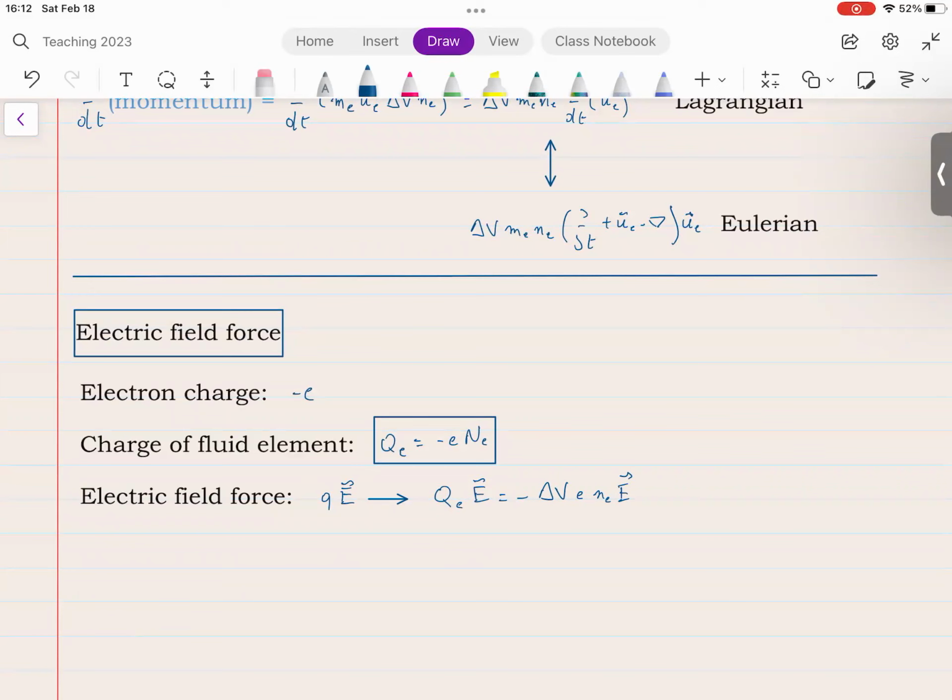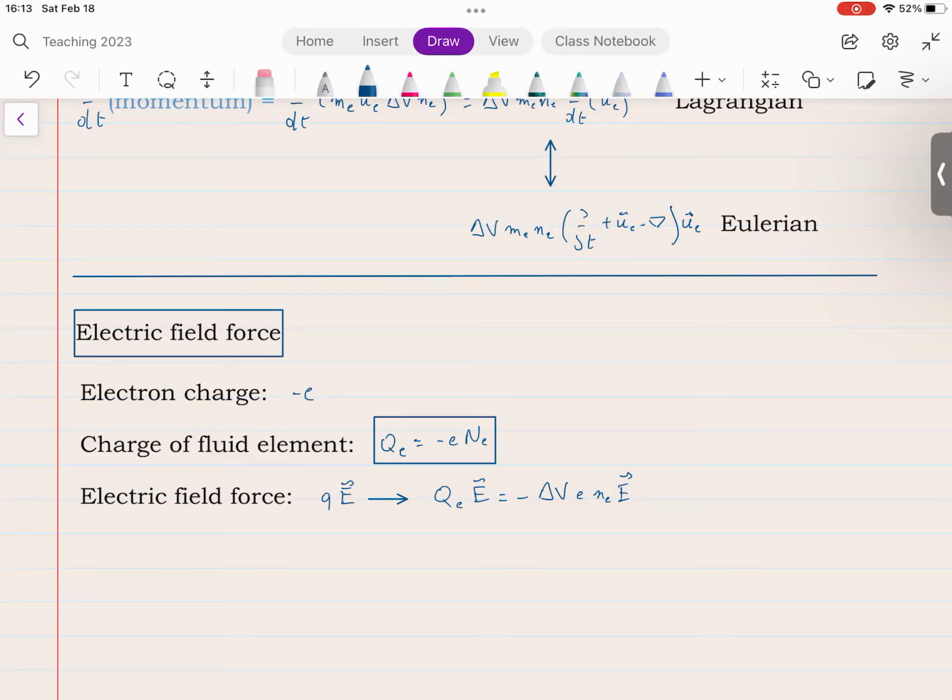Now, the electric field is not the electric field of a single particle, but is the electric field that's averaged, or not averaged, but smoothed out over long-range distances.